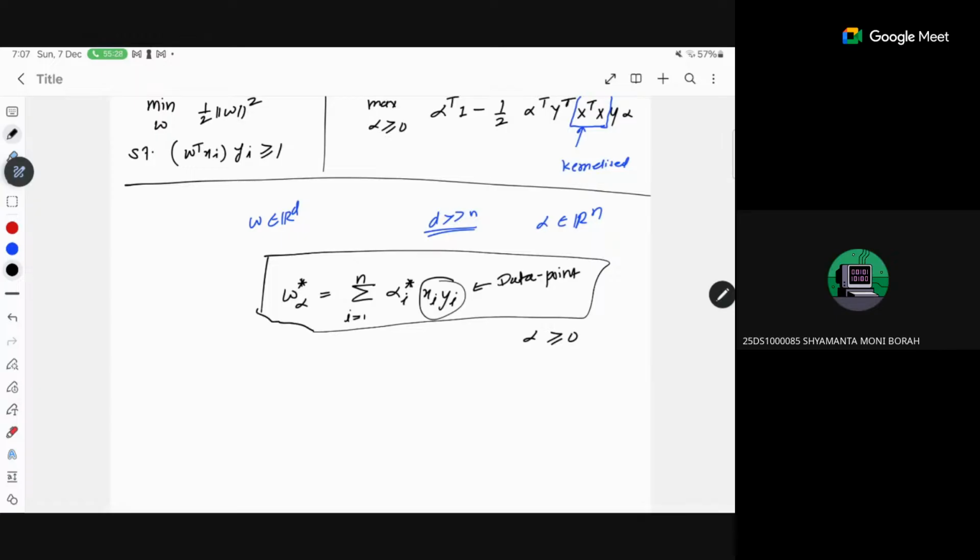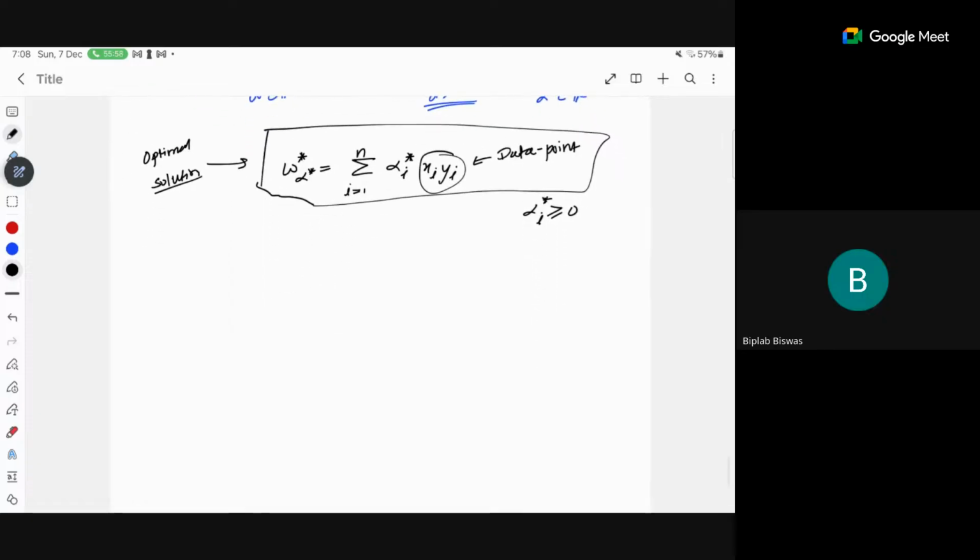So where are the important points? They are where alpha i star is greater than or equal to 0. This is my optimal solution, and we need to say where these points are lying.